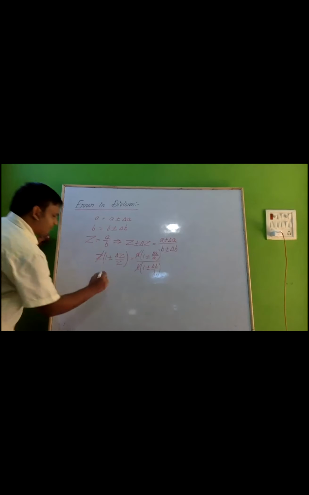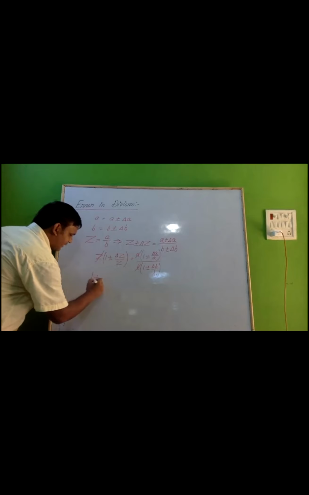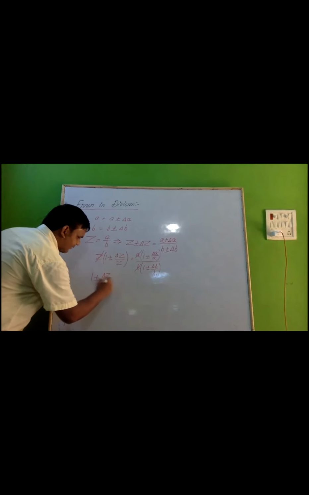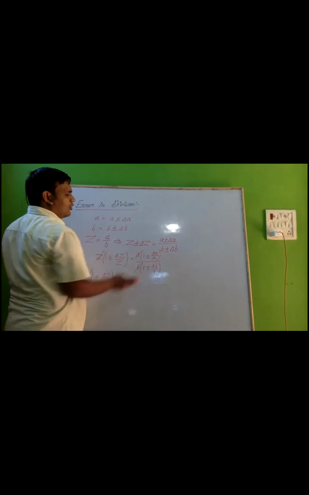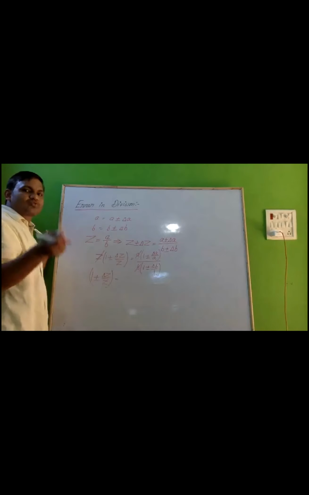So in the next step, what we are going to do? 1 plus minus delta Z by Z, and we can just take this value, this denominator in numerator by raising the power minus 1.